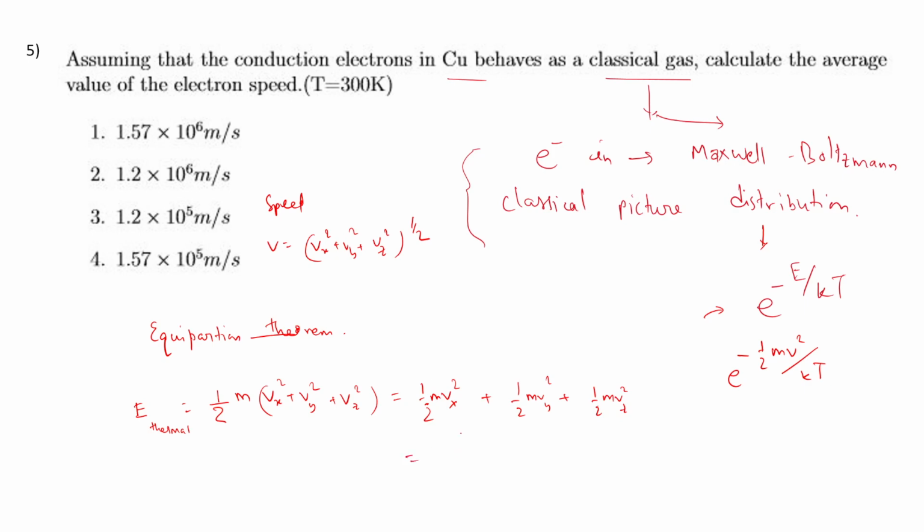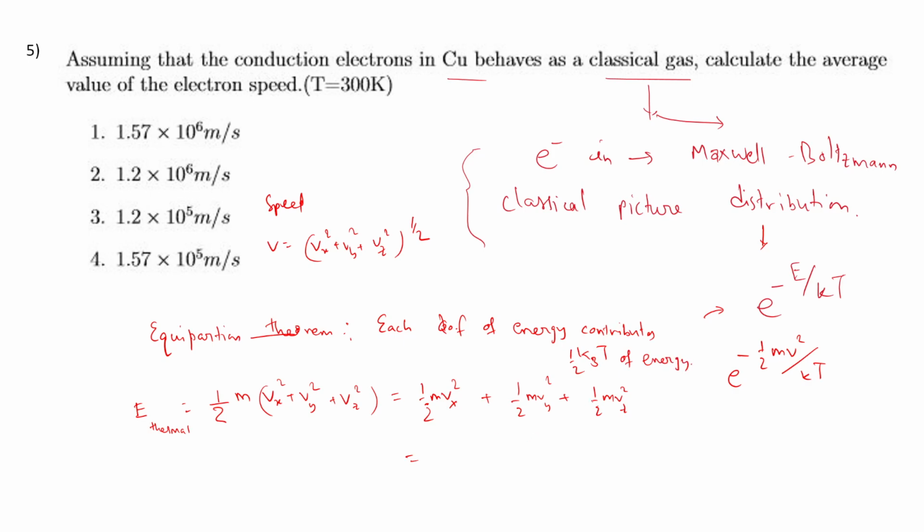Each degree of freedom of energy which is quadratic in nature, here Vx square, contributes half kBT of thermal energy.